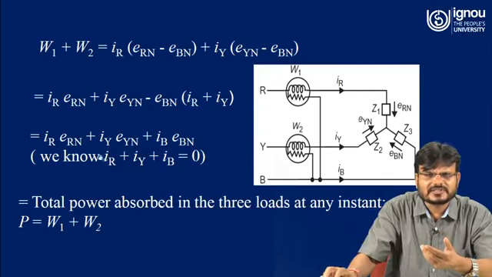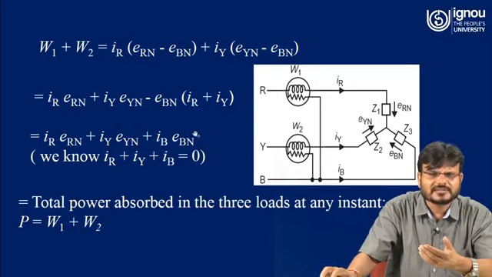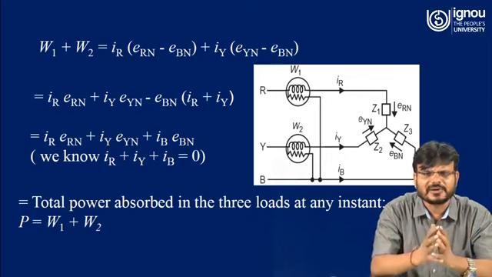Suppose you say the reading of this is W3, so the power measured by the R phase is this one, the power measured by the Y phase is this one, and the power measured by the B phase is iB into eBN. So you can say it is measuring all three powers.